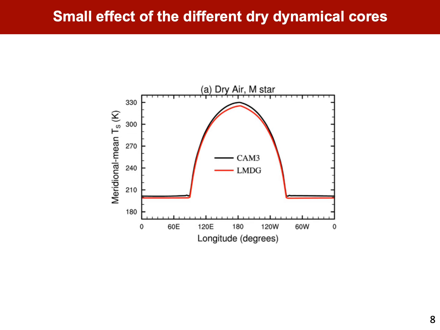We can see that the difference between the two models, CAM3 and LMDG, is very small in the dry dynamical case. In global mean, the surface temperature difference is less than 3 Kelvin. So the difference in dry dynamics is unlikely to have a strong effect on the surface temperature.